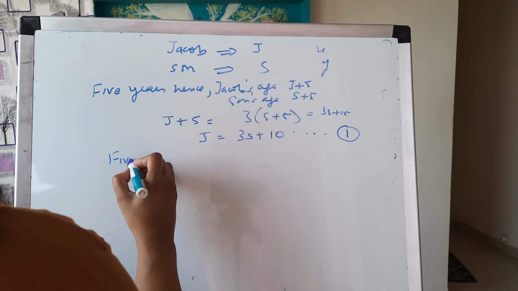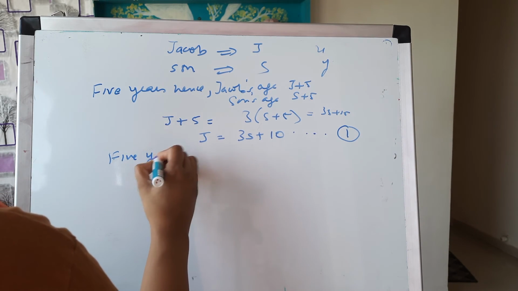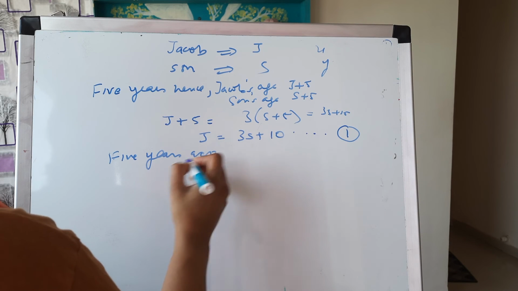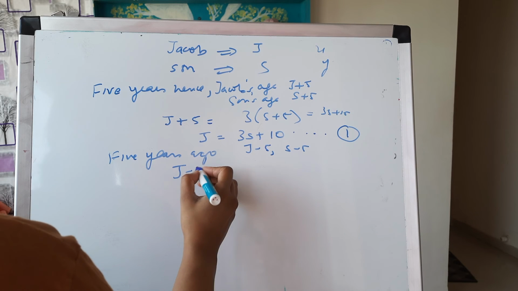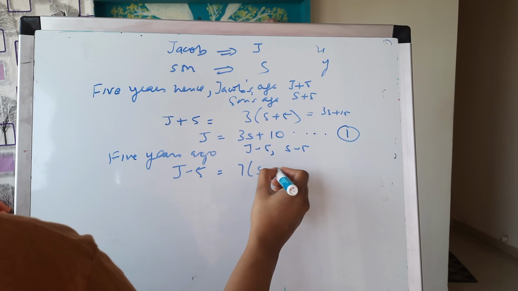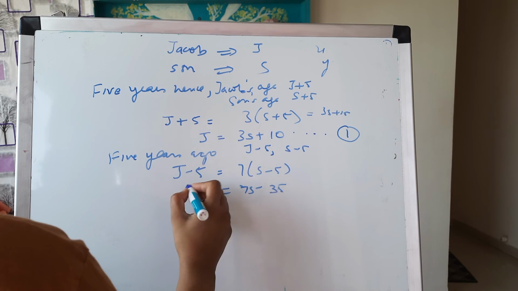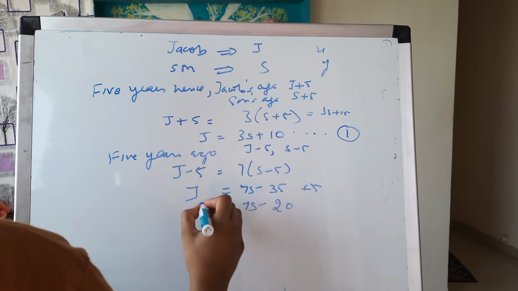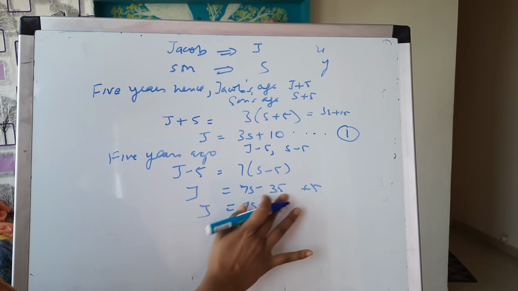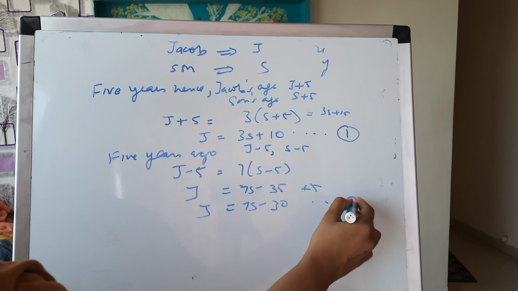Then 5 years ago. So ages are J minus 5 and S minus 5, and Jacob's age is 7 times that of his son's age. What am I writing here? Okay, so this is the second equation.